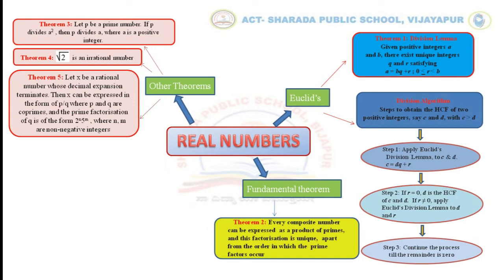For example, 15.25. So it is a terminating decimal expansion. This can be expressed in the form of p by q as 1525 divided by 100, because in 15.25 there are 2 digits after the decimal point.